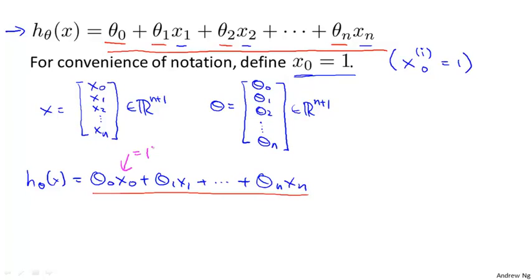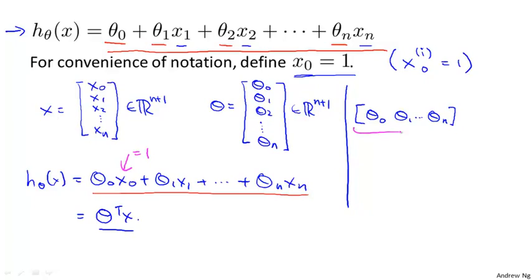And the neat thing is I can now take this form of the hypothesis and write this as theta transpose x. Depending on how familiar you are with inner products of vectors, if you write out what theta transpose x is, it is theta 0, theta 1 up to theta n.